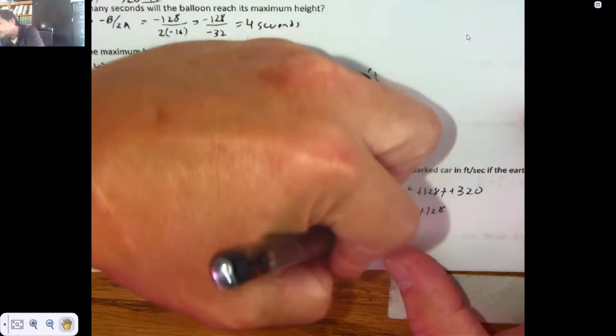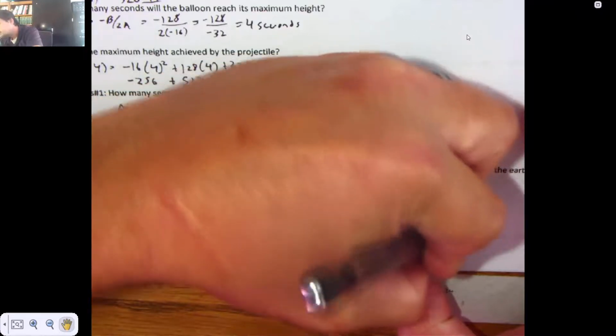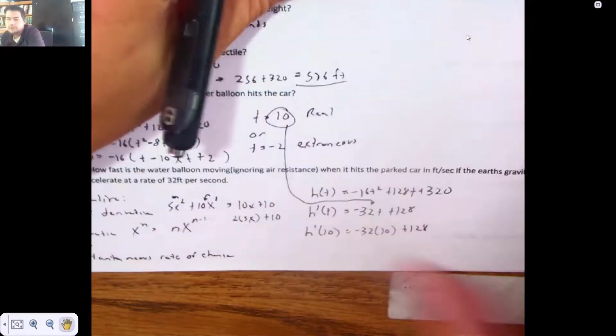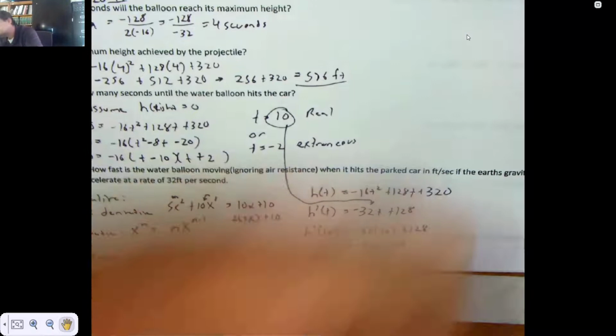So h prime of 10 is negative 32 times 10 add 128. That's going to be negative 320 plus 128, which is negative 192.